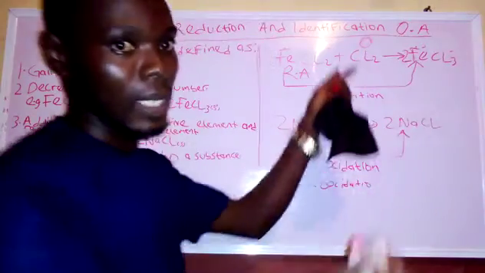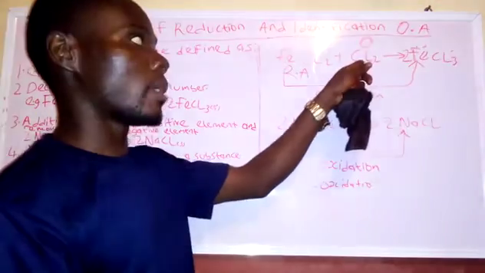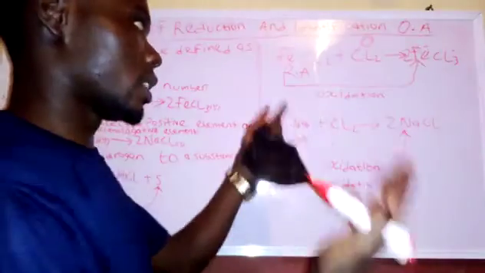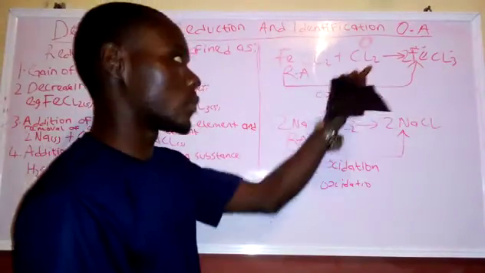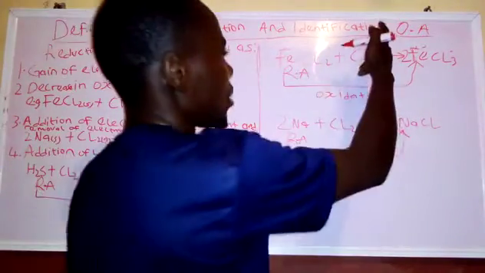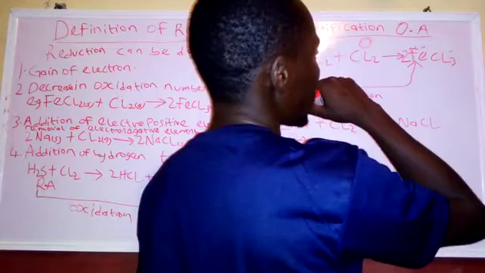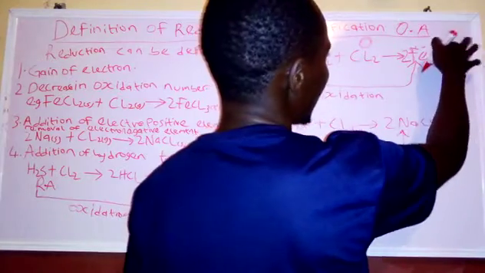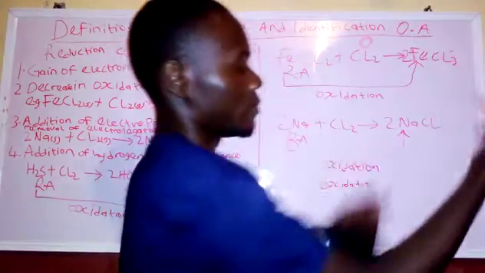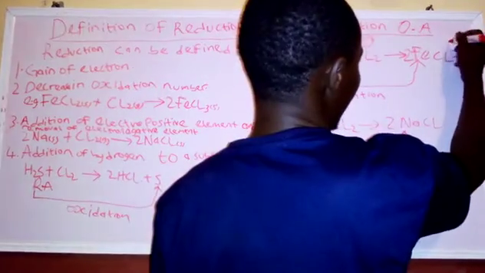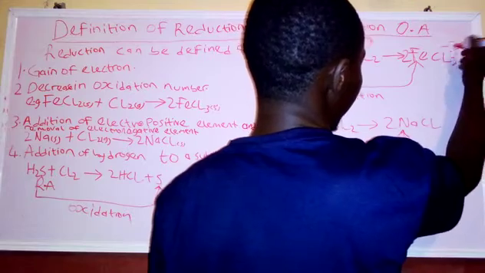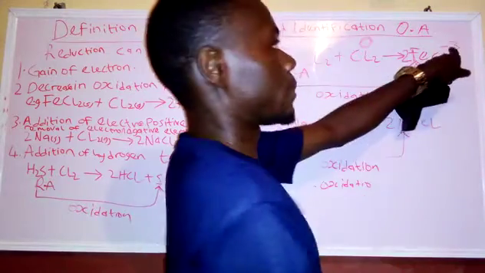Don't forget that for any element, as I said in the rules for assigning oxidation numbers, it is 0. If you are still confused, watch the video on rules for assigning oxidation numbers. Now look here: according to how I determined it in the previous video, it is minus 3 here. The oxidation number of chlorine here is minus 3.